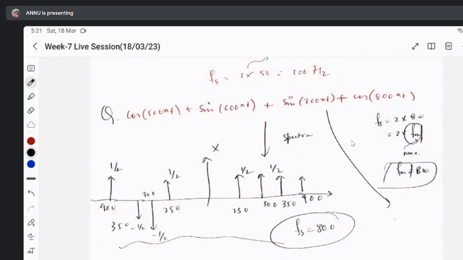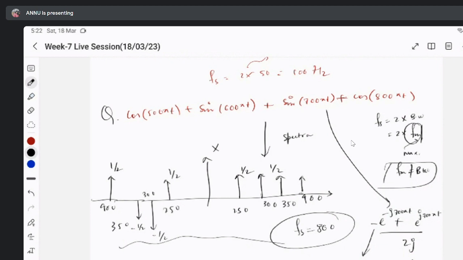Because here you will have e power minus j 700 pi t plus e power plus j 700 pi t divided by 2j, and in the frequency domain it should be shifted impulses, with minus divided by 2j.